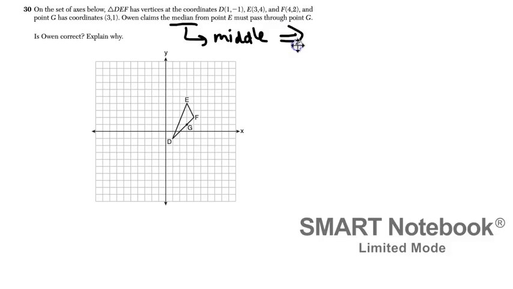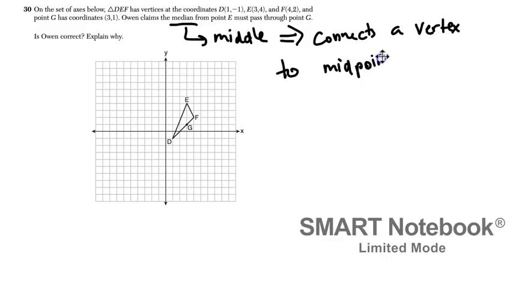Specifically, a median is a line segment that connects a vertex, in this case of a triangle, to the midpoint of the opposite side. So the median of a triangle connects a vertex of the triangle to a midpoint of the opposite side.